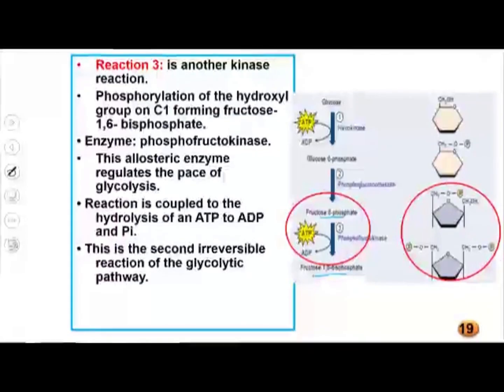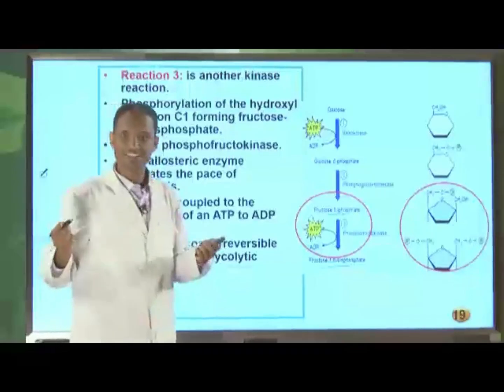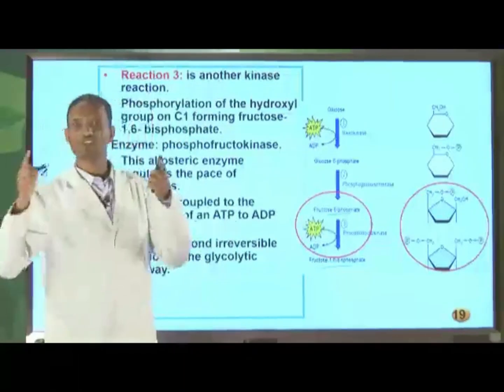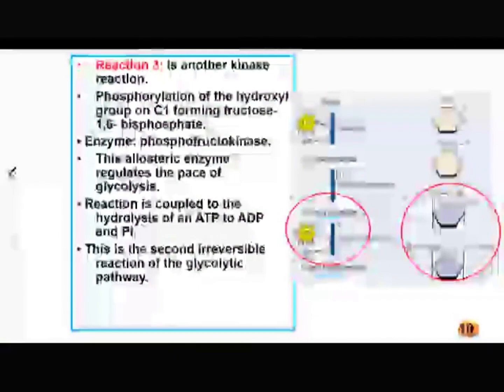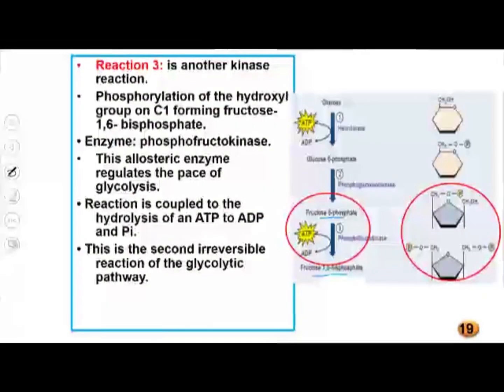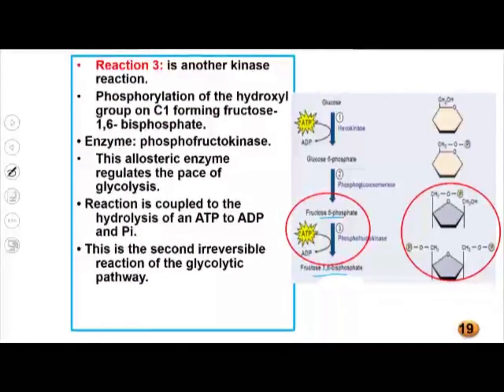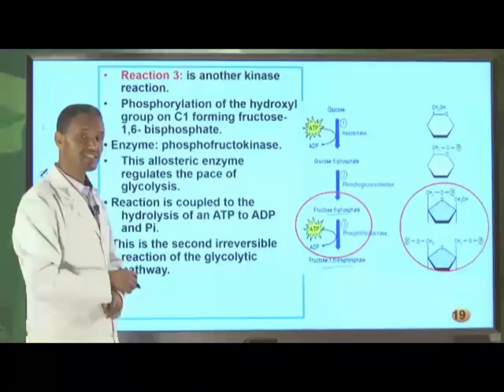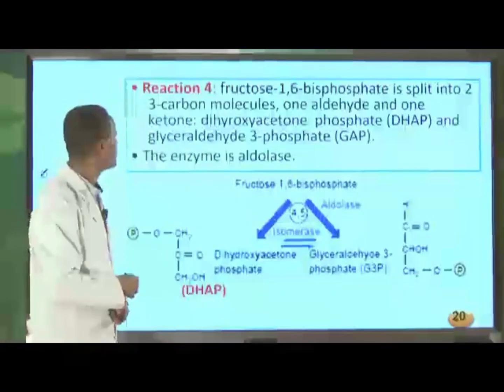Then it forms the compound which we call fructose 1,6-bisphosphate. The 1 and the 6 show the positions of the phosphates on the carbon atoms. And here the reaction is coupled to hydrolysis of ATP to ADP and an inorganic phosphate. This is the second irreversible reaction in glycolysis.